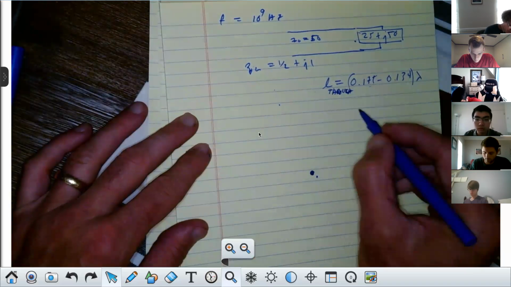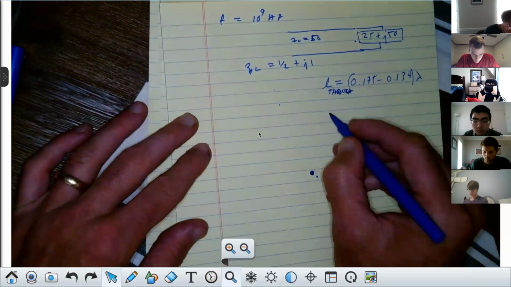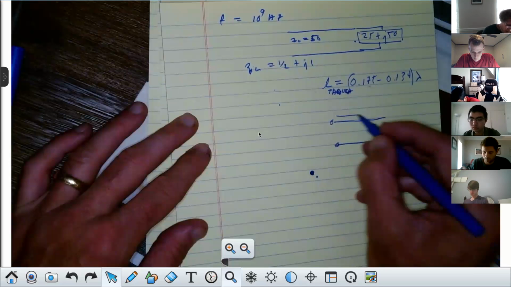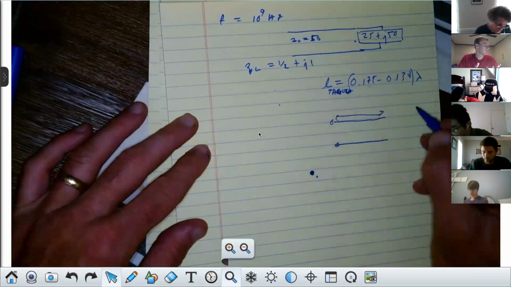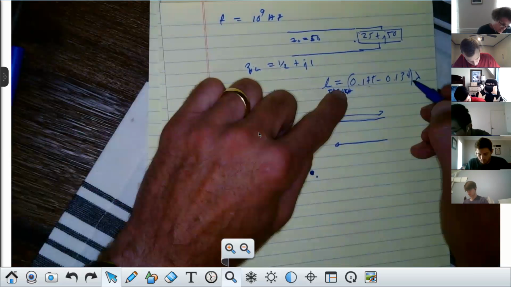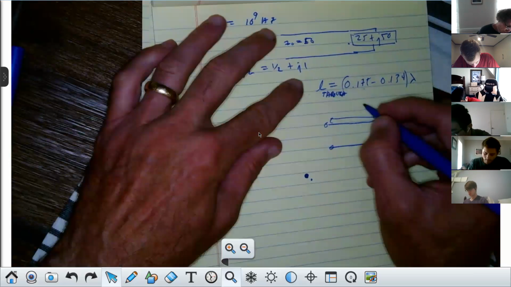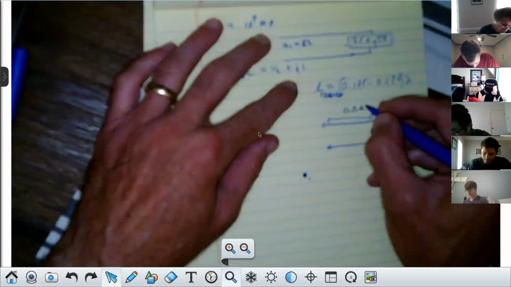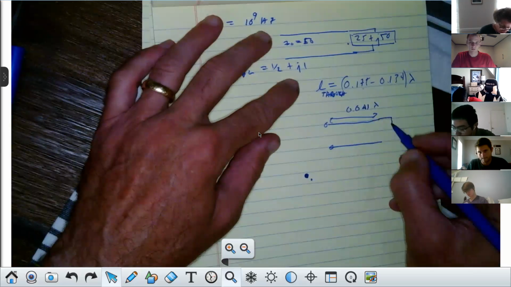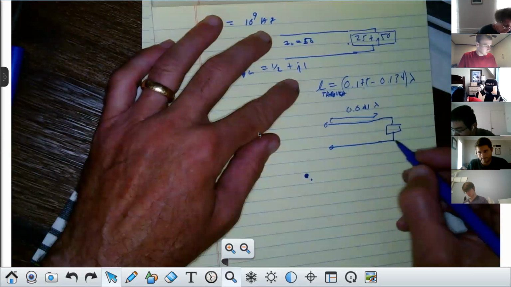So for the actual problem we have when we're doing impedance matching, we're going to move a distance. And what is that? That's 0.041, right? So 0.041 lambda will be equal to this distance that we move from the load. And this will be ZL here.